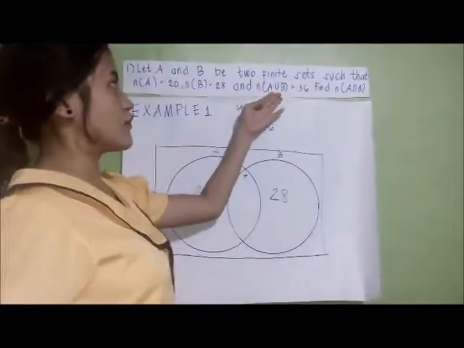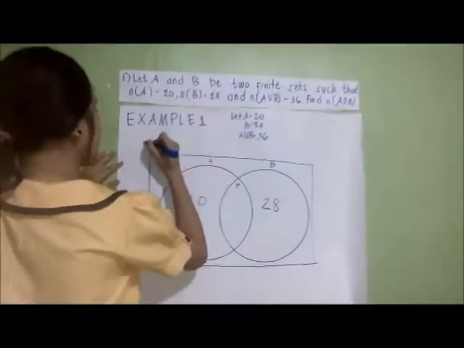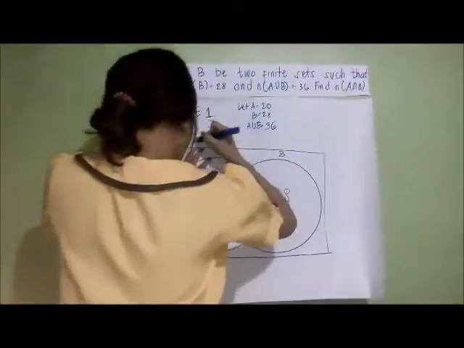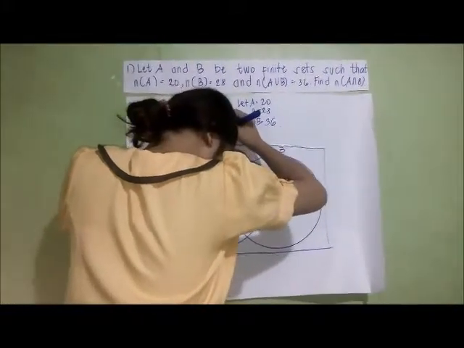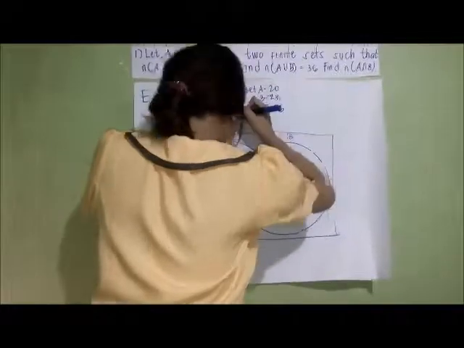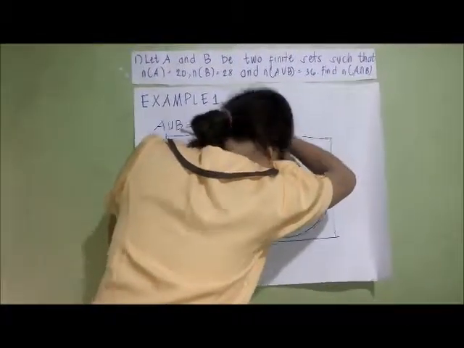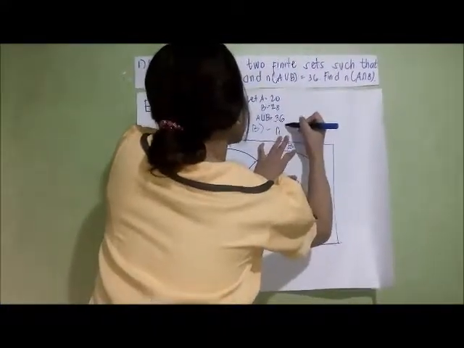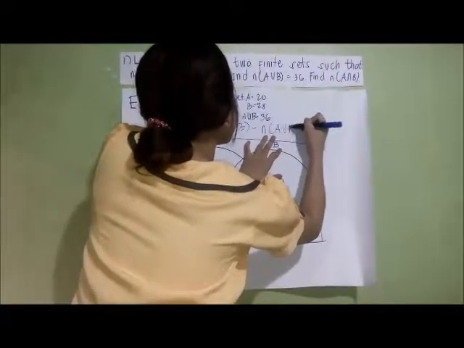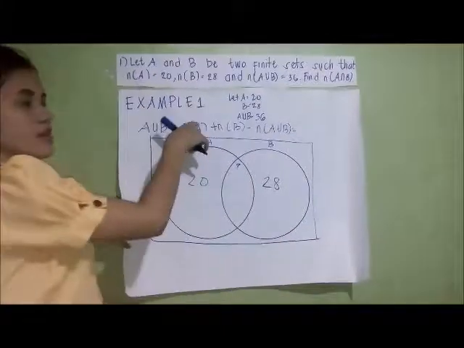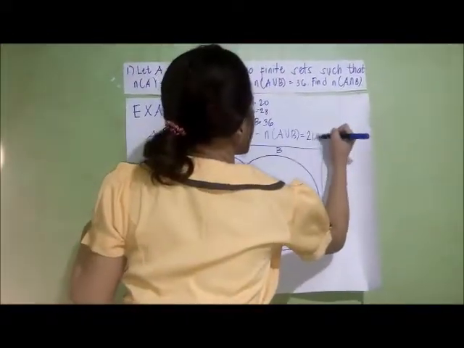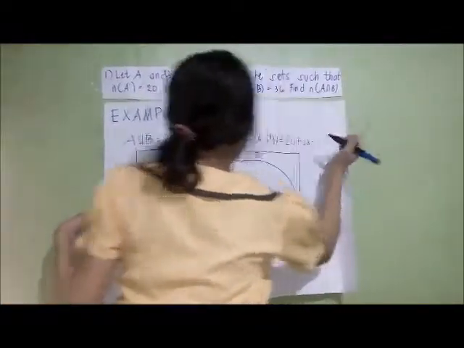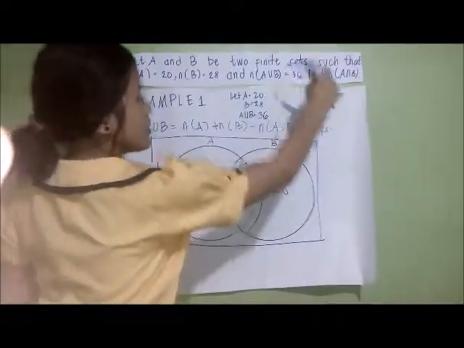Since there is a union of two sets, n of the union of A and B is equal to n of A plus n of B minus n of the intersection of A and B. So n of A is 20, plus n of B is 28, minus the union of A and B, 36.